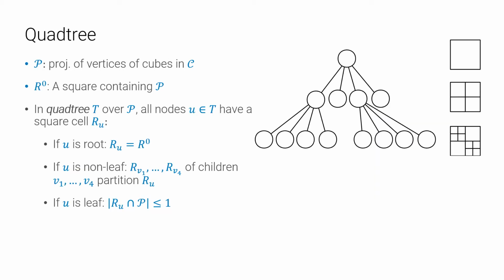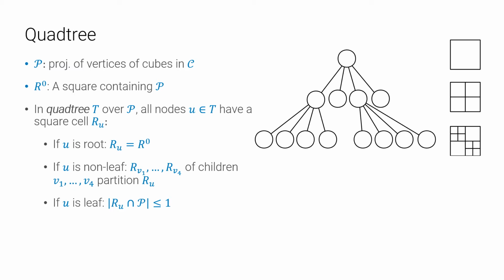So before getting to the finer details of this line sweep, we're going to introduce a core component of our algorithm, namely a quad tree. This is a hierarchical decomposition of the plane constructed over a point set. In this case, our point set is the set of projections of the vertices of the input cubes down onto the plane.